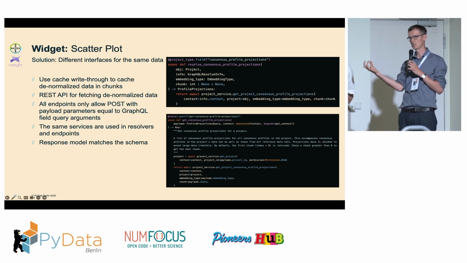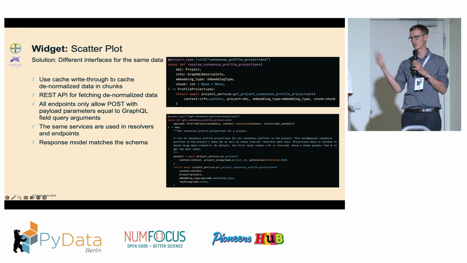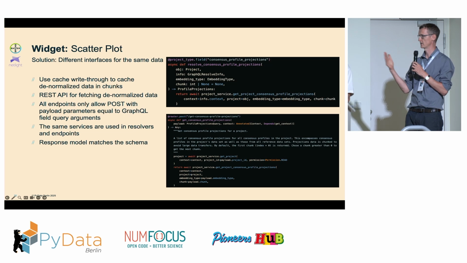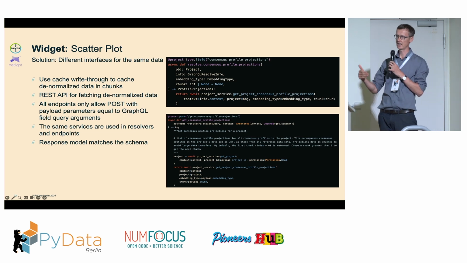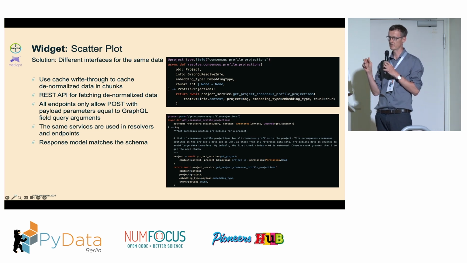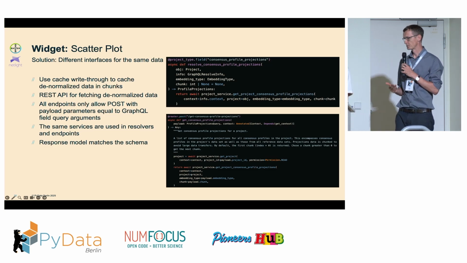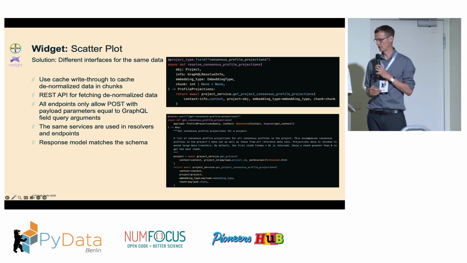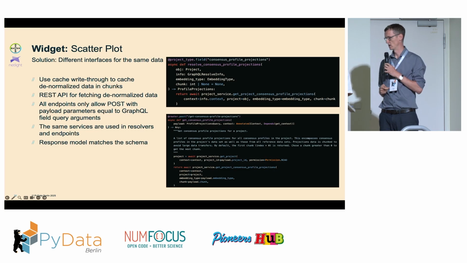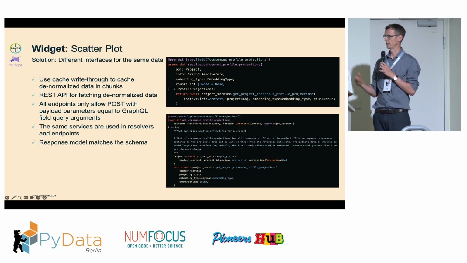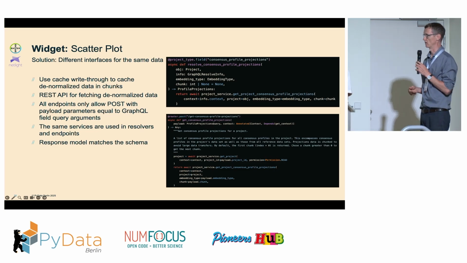So we can still utilize our GraphQL schema as the contract between front end and back end, but we have a dedicated interface for some types of the schema that are sent without validation from the back end. And that way we were actually able, I think, to reduce the loading times of some data sets by a factor of 12.